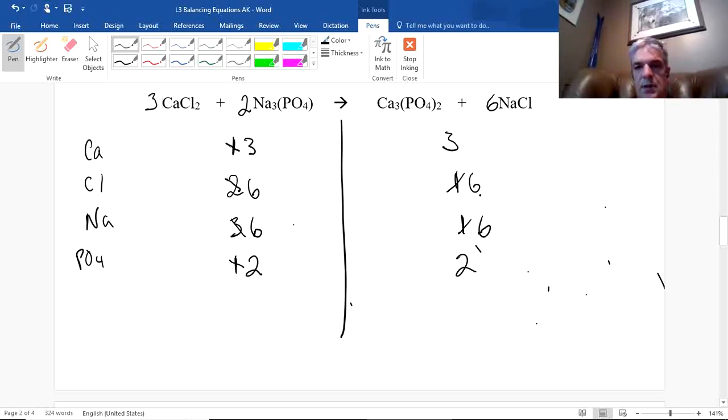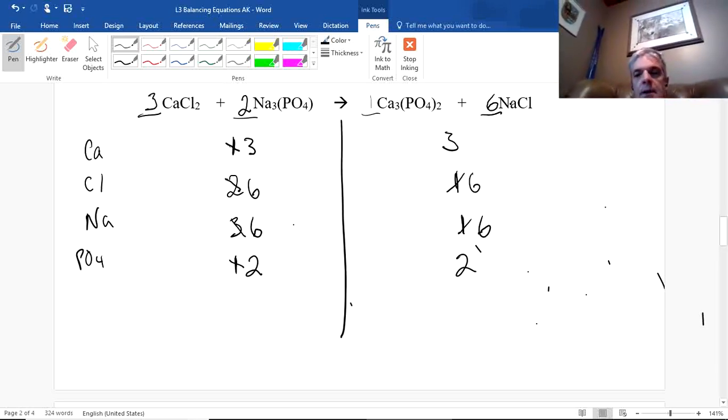Then I have sodium. 2 times 3 is going to give me 6 sodiums, and over here, 6 sodiums. And then last but not least, my phosphates. I have 2 phosphates here, and 2 phosphates here. They are all balanced. And so the numbers that I'm looking for are 3, 2, and this would technically be 1 if you wanted to write it in, and 6.